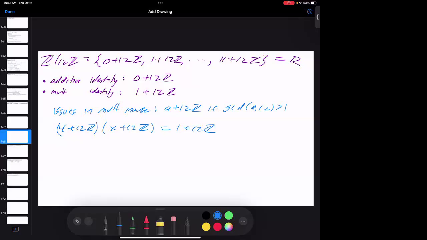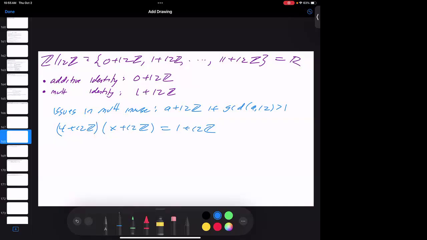If you had 3 plus 12z and 5 plus 12z, it's 3 times 5 plus 12z. If I give you a plus 12z and b plus 12z, when you multiply them, it's a times b plus 12z. So if I choose 1 plus 12z, it's not going to be too bad to show that that really is the multiplicative identity because you're just multiplying by 1.